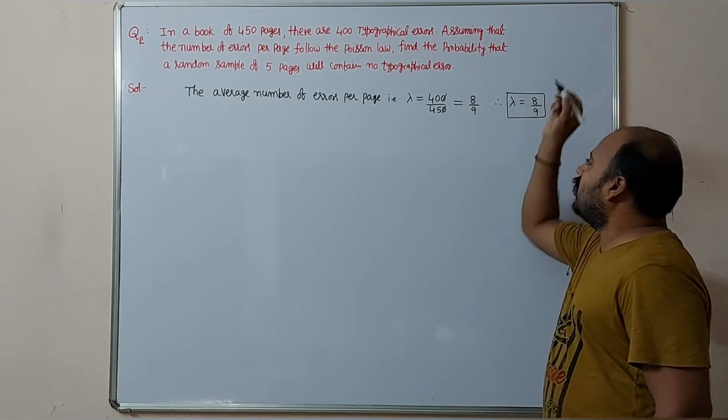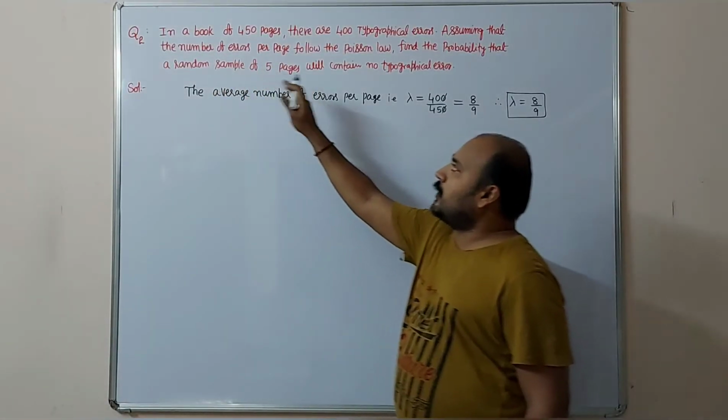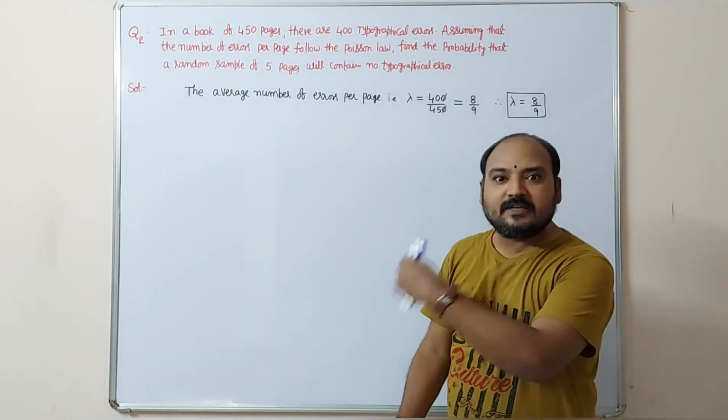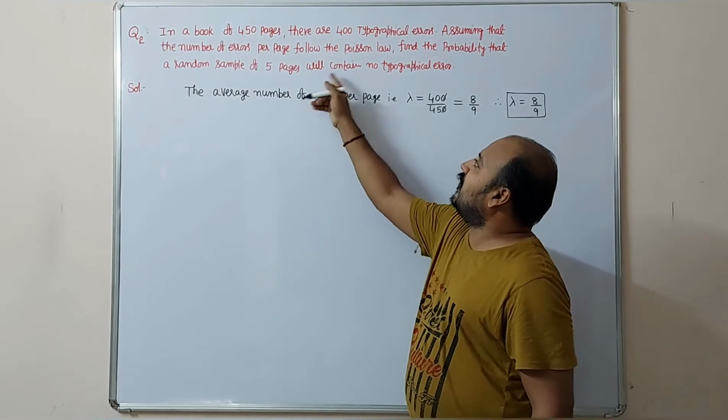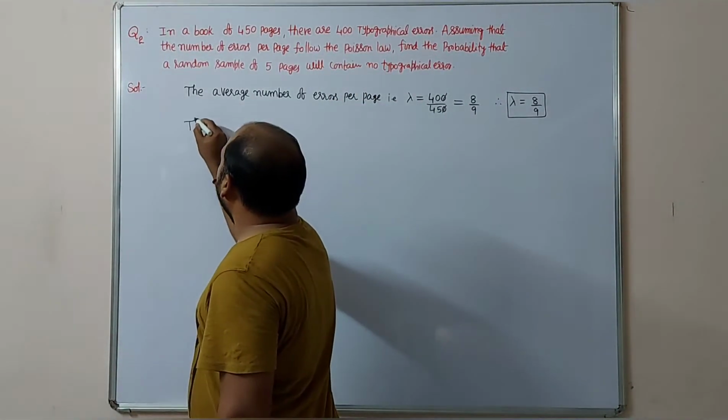After getting the value of parameter lambda, for a random sample of 5 pages, first we will discuss 1 page.